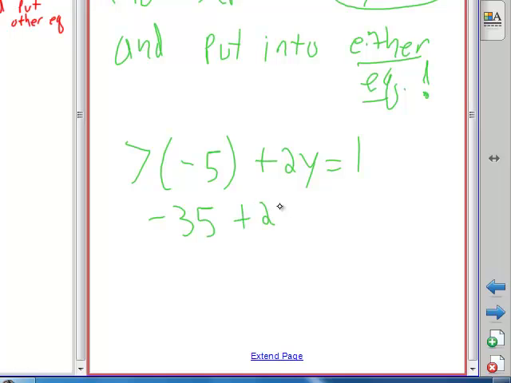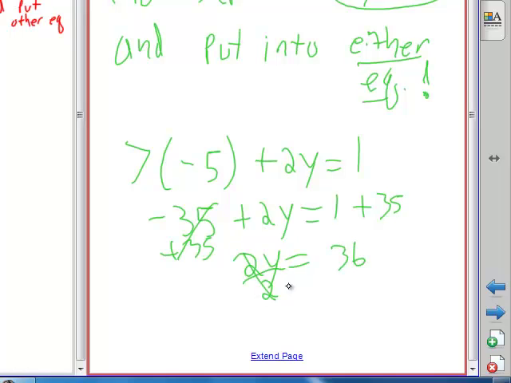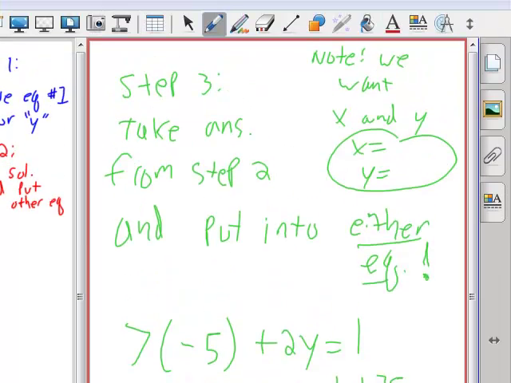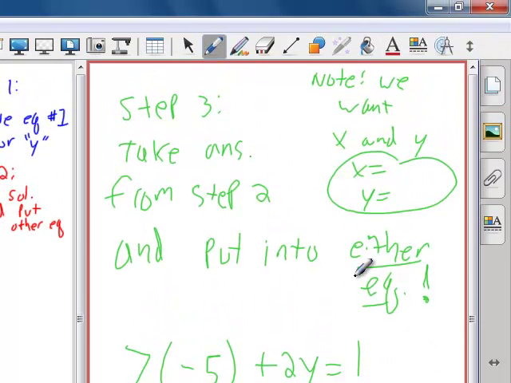Plus 2y equals 1. It should be 36. y equals 18.